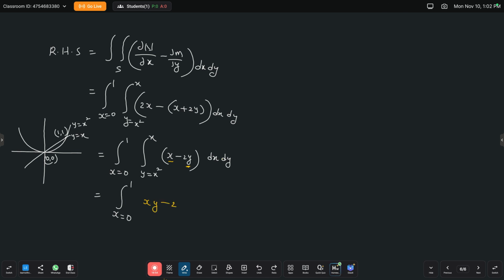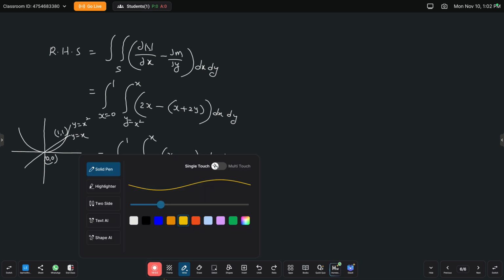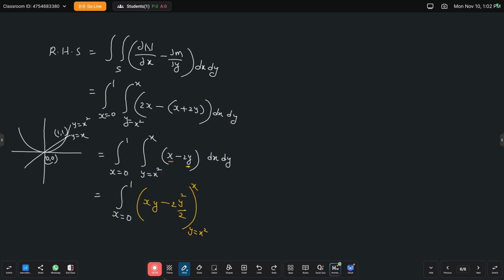Again, what is the y integration? y squared by 2. And the y limits are x squared to x. So in this expression, in place of y, you put these limits, x to x squared, and remaining you have dx.